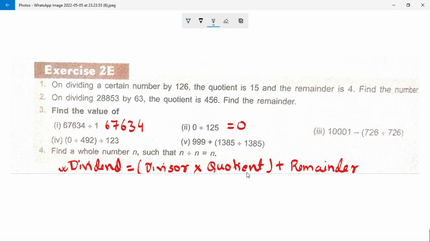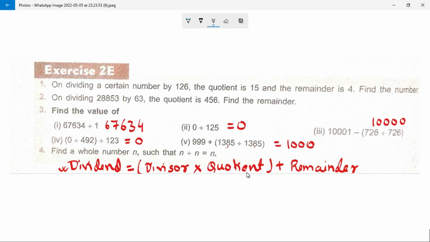So 10,001 minus 1 will be 10,000. If you have 0 in any place of division or multiplication, the answer will be 0. Now 1385 divided by 1385, since they are the same number, if we divide we will get 1. So 999 plus 1 will be 1000.